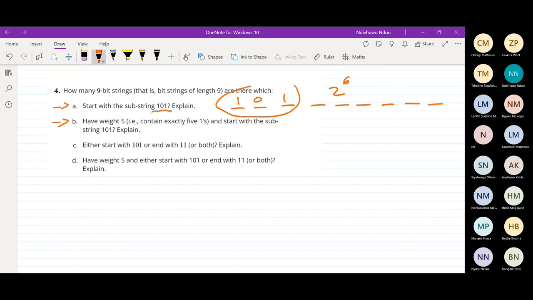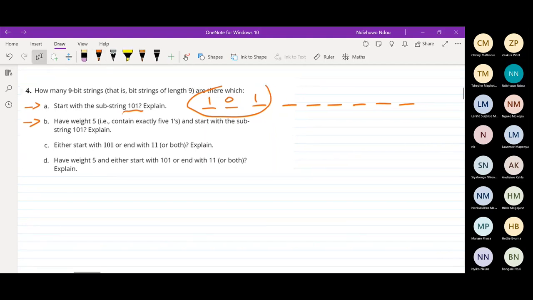B: I have a weight of 5 and start with 101. Here again I already have the first 3, then I'm left with the 6. Because they're saying my weight has to be 5, it means I already have two ones there.